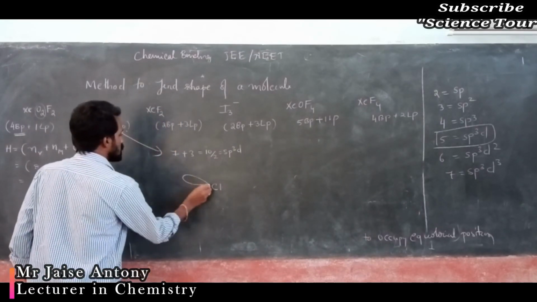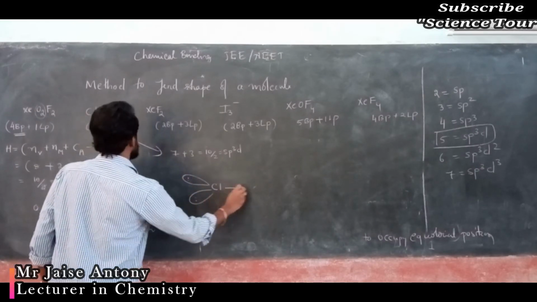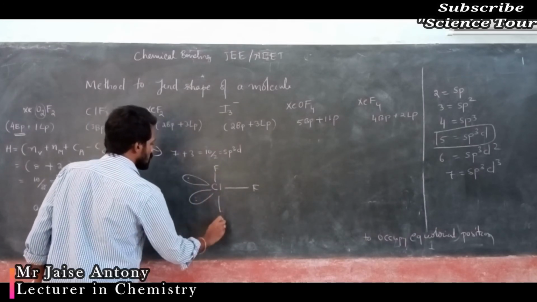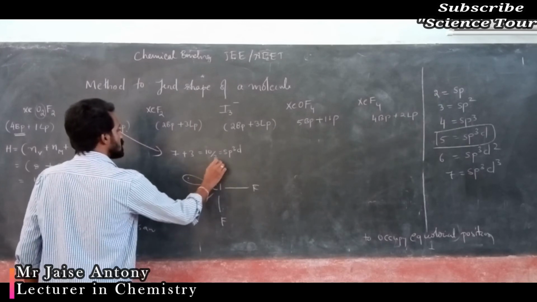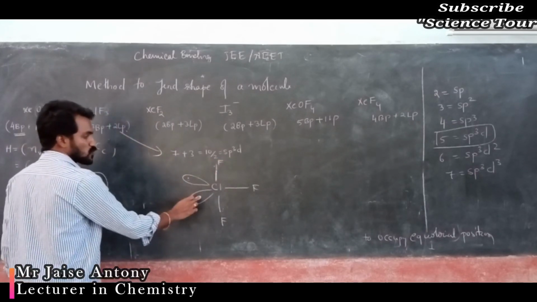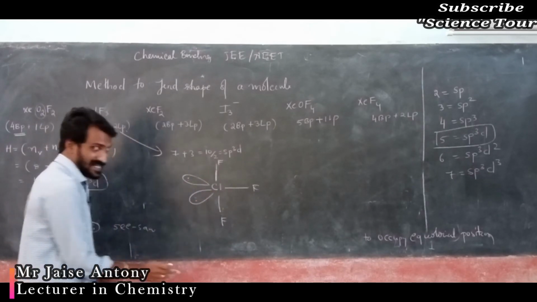1 lone pair here, 1 lone pair here, and one fluoride bond is here, another fluoride bond is here, another fluoride bond is here. So by looking at this, it looks like trigonal bipyramidal, but here 2 lone pairs are there. So the shape is called bent T shape.